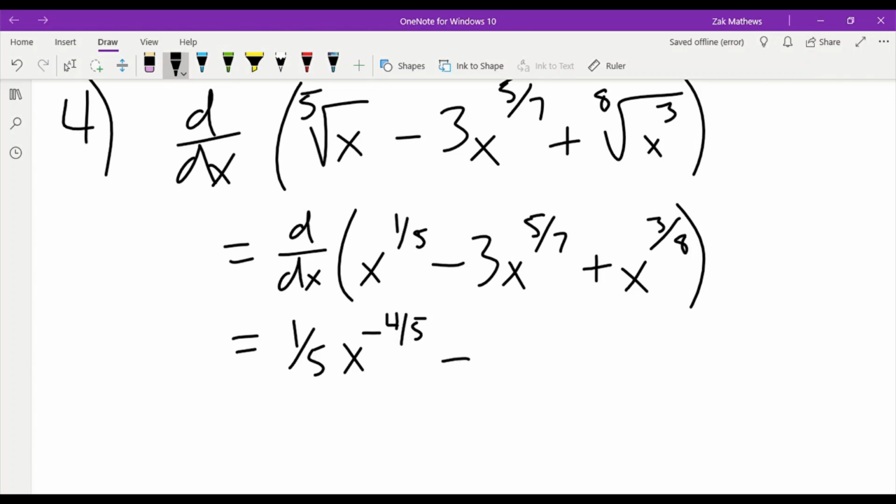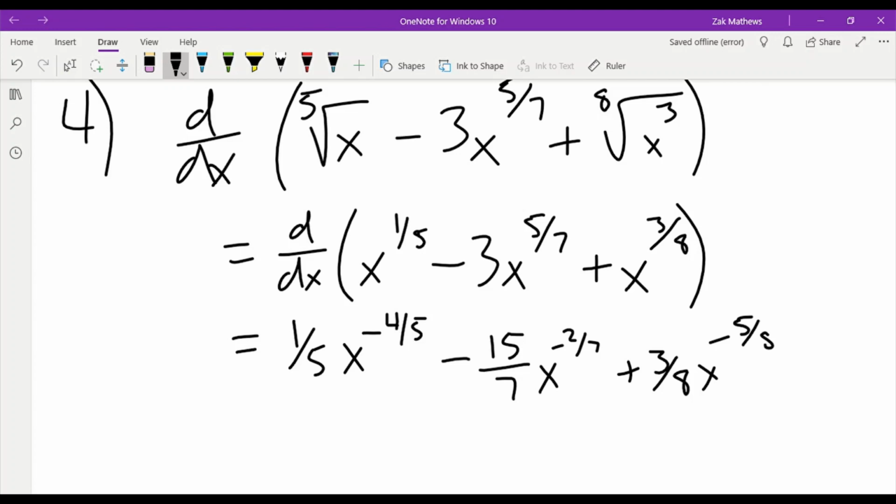Then I have minus 3, and I have to multiply that by the 5 sevenths, so 3 times 5 sevenths is 15 sevenths. x to the now negative 2 sevenths, because we have to subtract that 5 sevenths by the 1, so that gives us negative 2 sevenths. And then we're going to have plus 3/8 x to the 3/8 minus 1, which would be negative 5/8.